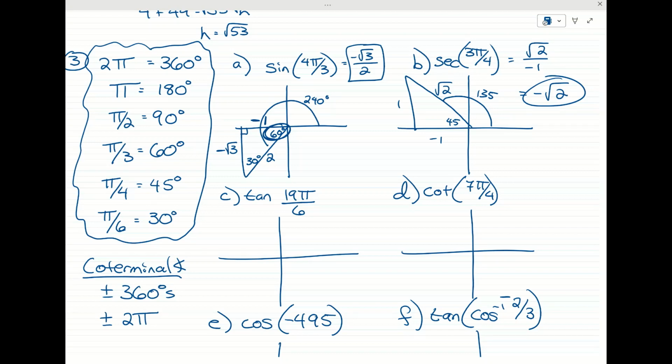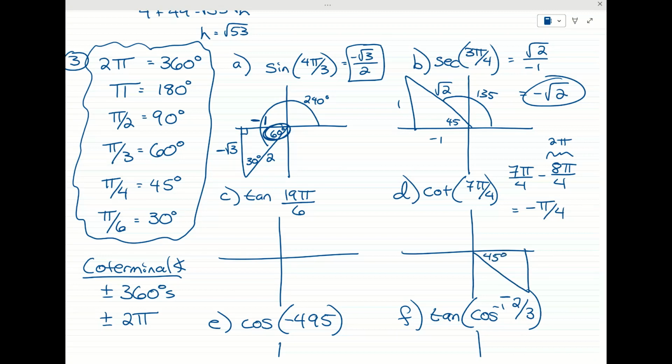If you want to use a coterminal angle, we could take 7 pi over 4 and subtract 8 pi over 4. That's the same thing as 2 pi radians, or 360 degrees. We're using a coterminal angle. So that's 2 pi coterminal. 7 pi minus 8 pi is just negative 1 pi over 4, or negative 45 degrees.